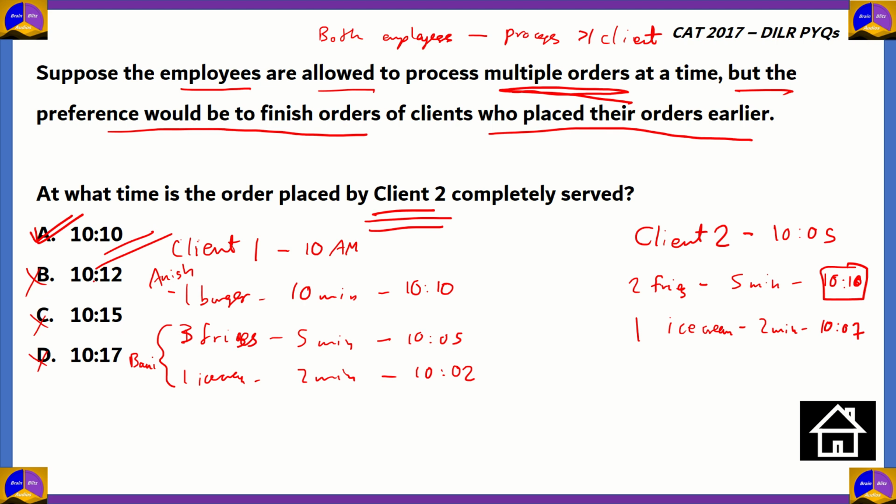Even that wouldn't have worked. 10:12 and 10:17 would require massive orders, whose combinations would involve using burgers and ice creams and fries and so on. So let's not dive into that. The important thing is, by putting in the new condition where employees are allowed to process multiple orders at a time, we got 10:10 as the time at which client 2 was completely served.